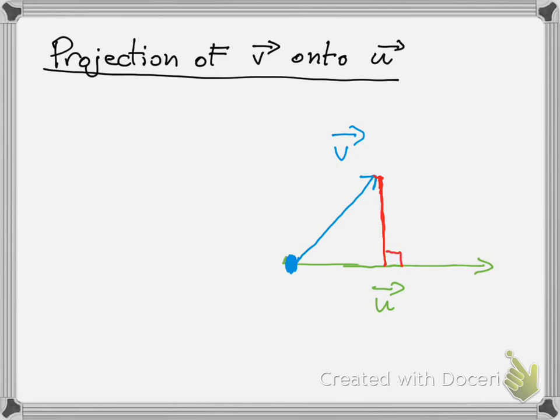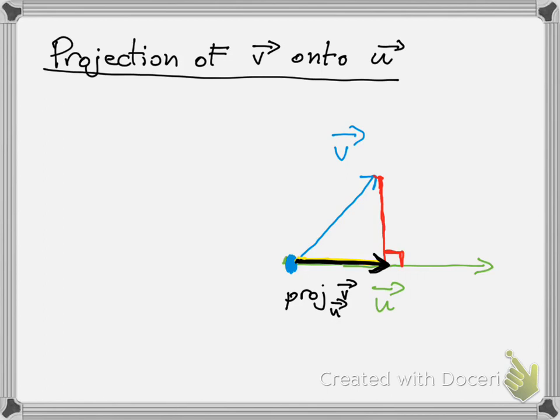So here you have a right angle. Okay, so then the projection of v onto u would be this vector here. Probably I should use this black vector, that's what we call the projection of v onto u.